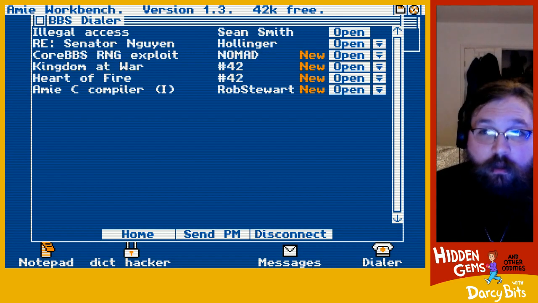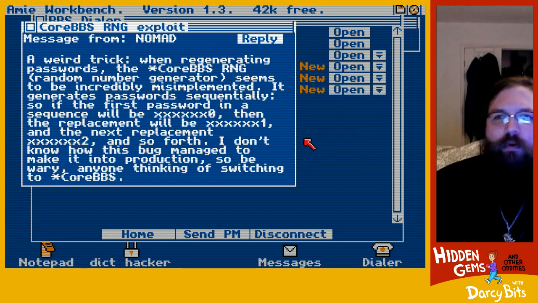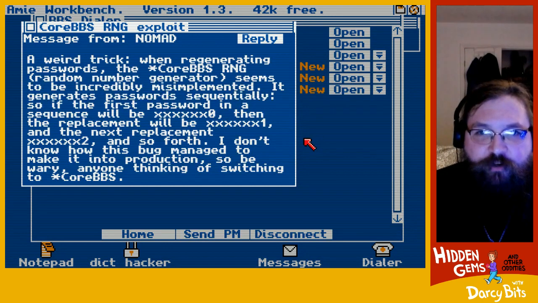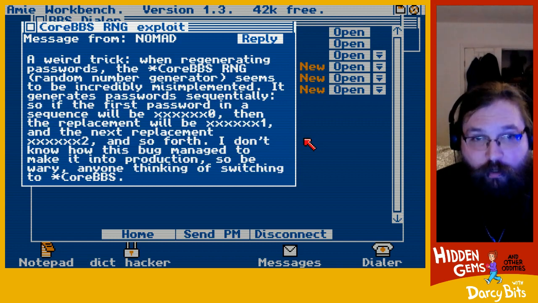Great. Download that just in case I need it. Core BBS RNG exploit. Ooh, hello. Core BBS. That sounds familiar. A weird trick when regenerating passwords: the Core BBS RNG, random number generator, seems to be incredibly misimplemented. It generates passwords sequentially, so if the first password in a sequence will be XXXX0, then the replacement will be XXXX1, and the next replacement, and so forth.